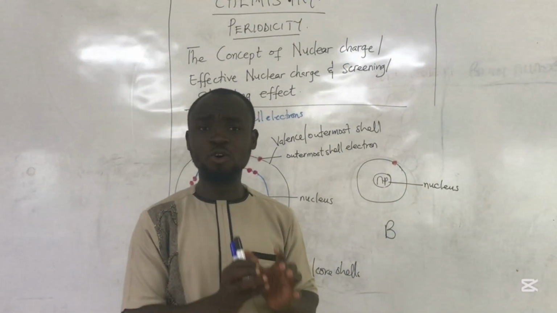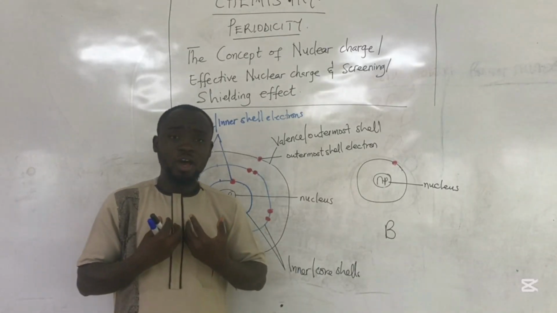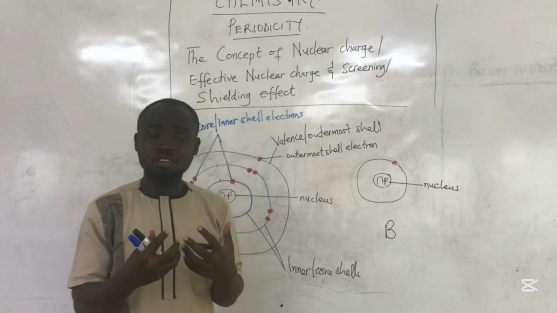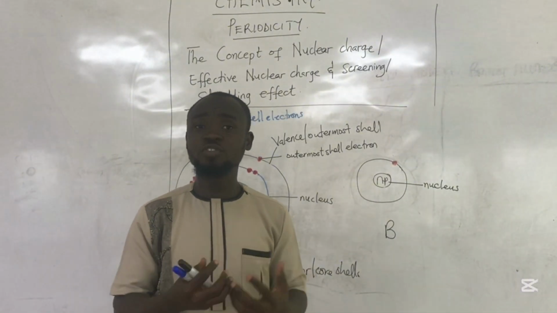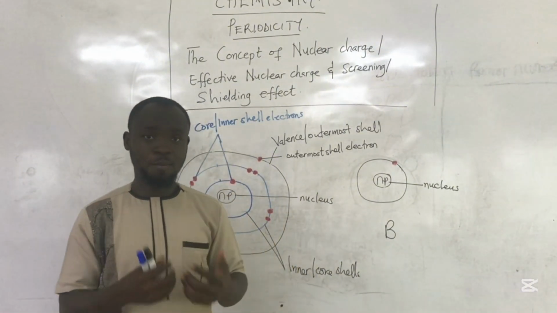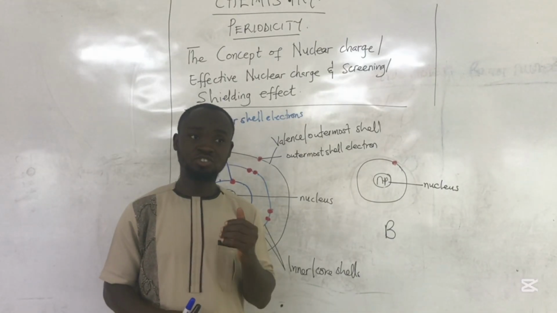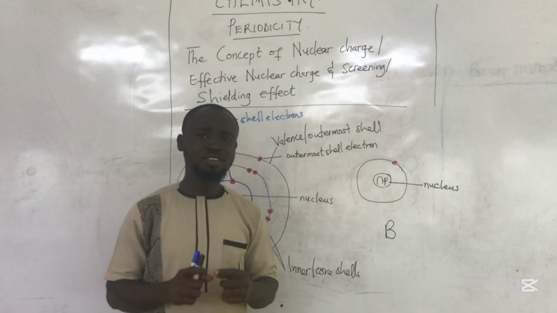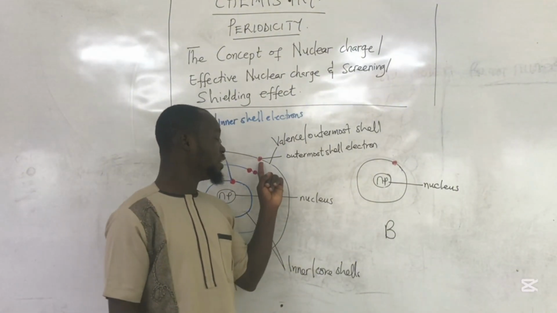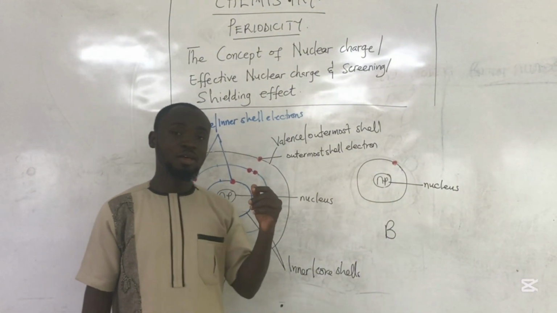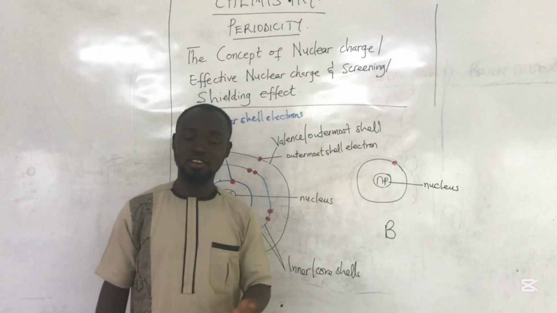That is the net force of attraction that the valence electron will feel after the inner shell electrons that are present have blocked and reduced the attraction made on it by the proton. That is the effective nuclear charge. So basically, effective nuclear charge will be high on the valence electron if only the nuclear attraction is very, very high. Is that okay?